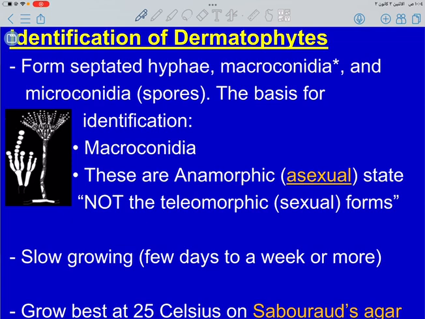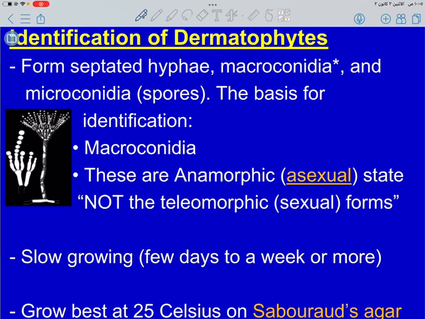And they carry macroconidia and microconidia. Macro and micro. These are the spores of fungi. You know, bacteria has a spore. The spores of fungi are called macroconidia and microconidia. So we are talking about hyphae, septa, and macroconidia, microconidia.